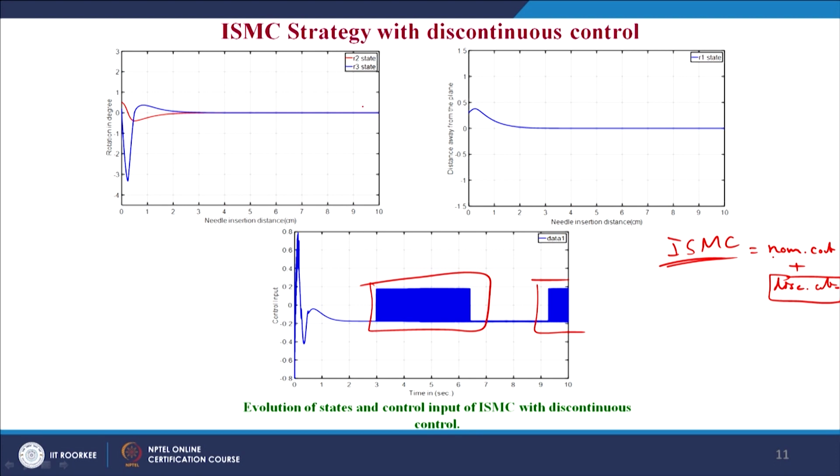So, even though the states converge in finite time, the controller has a chattering problem because of the high frequency component, which is not acceptable in the clinical scenario of percutaneous needling interventions.